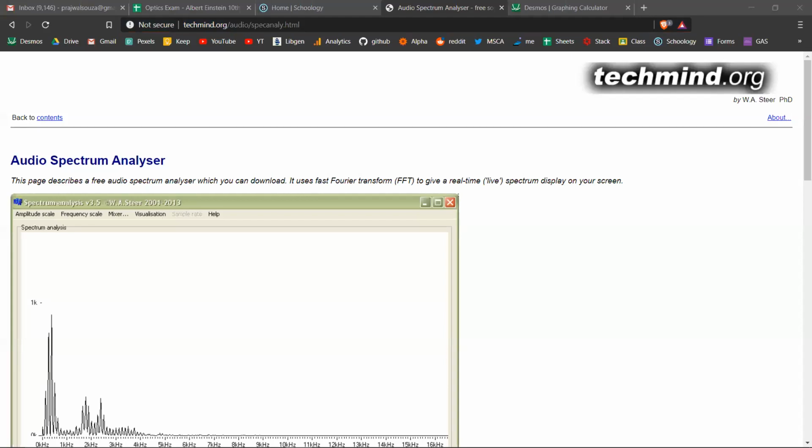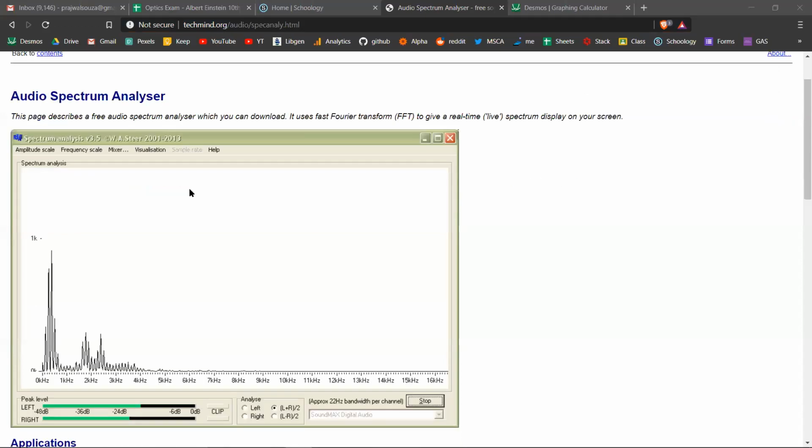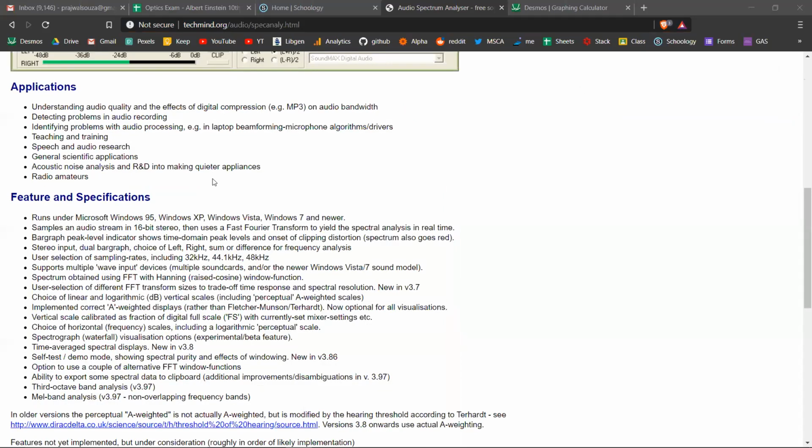That's the software. It's just a few kilobytes. It gives you the spectrum analyzer. If you have other good software like Adobe Audition or Audacity, those also do it, but this one's sole purpose is that. Just download it and keep it. It gives you the frequency in your voice.